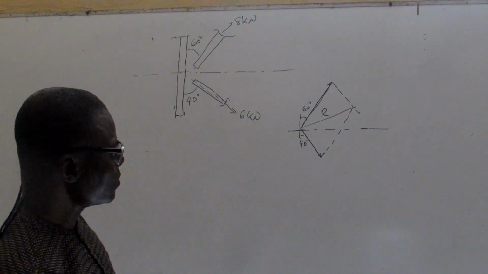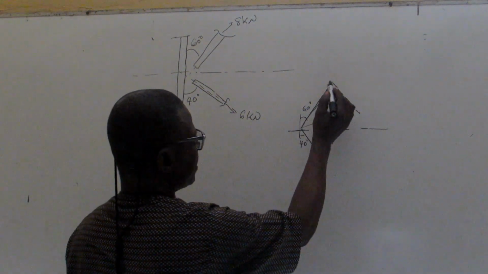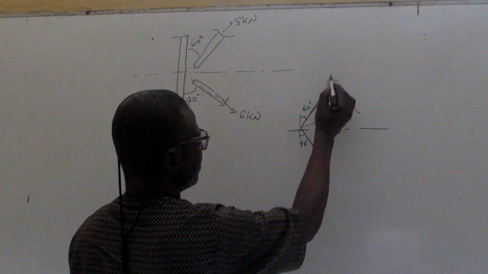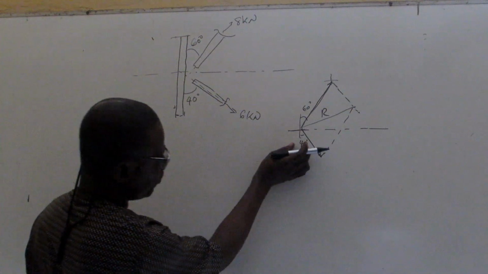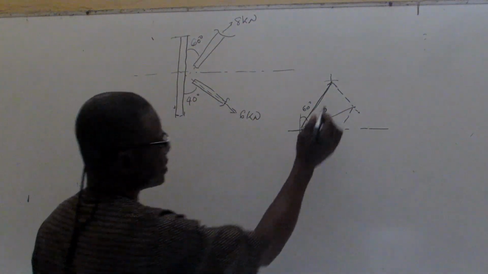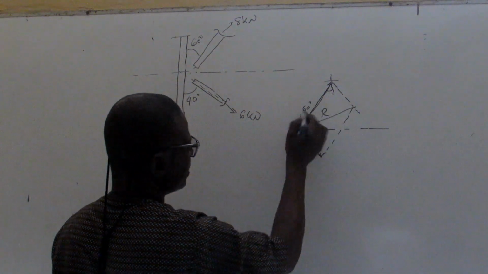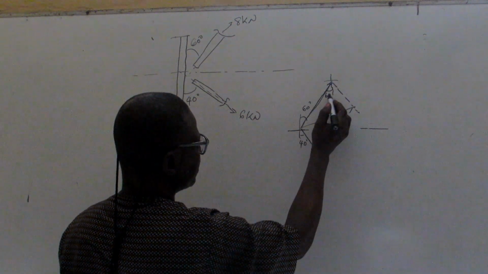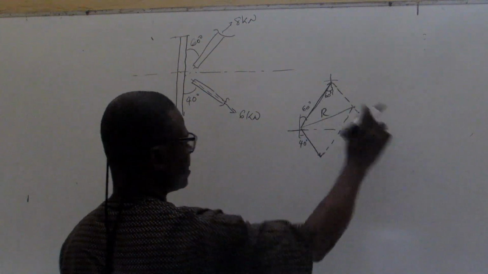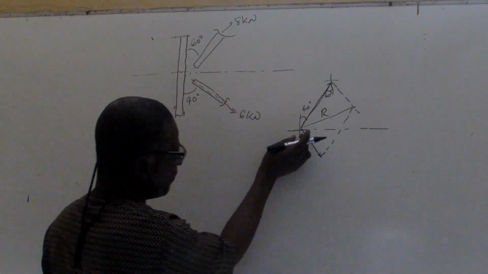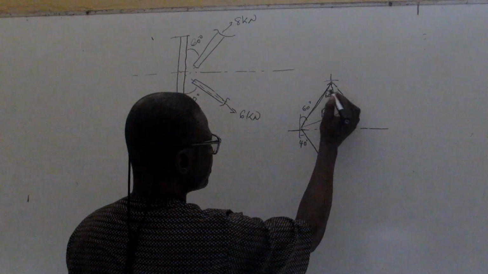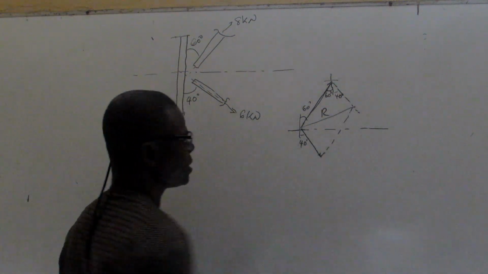What is the angle here? This is 40 degrees, this is 60 degrees. We know that this is alternate to this, so it is 60 degrees. And this one here, the value of this angle is 40 degrees, whereas this is also 40 degrees.